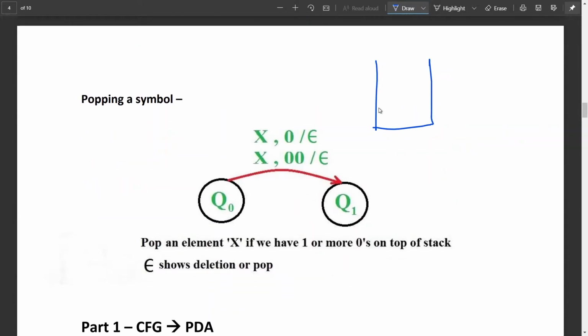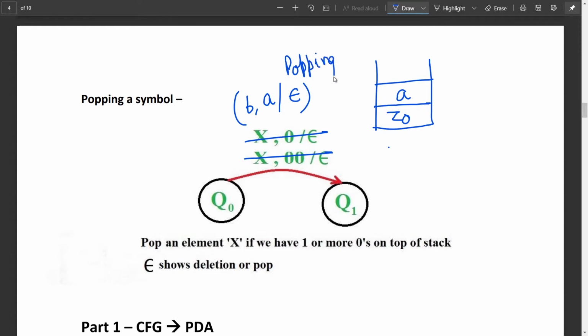Like consider that I have this and then we have A, and now if we are getting a B, like consider instead of this we have a B and we reach A and we want to pop this A. So what will we write? We'll write an epsilon. This is for popping an element from the stack. So it will be popped, and then the stack will become a simple empty stack.